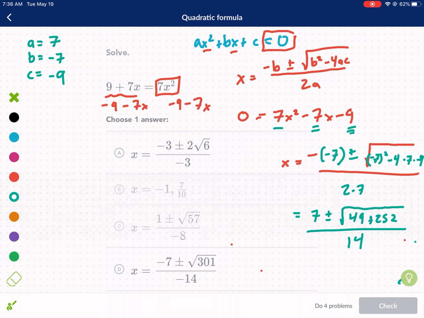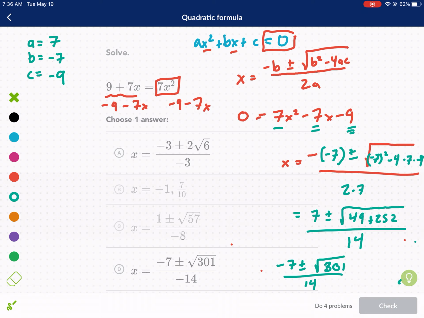So I'm going to add 252 plus 49. I get 301. Negative 7 plus or minus 301 all over 14. Oh, forgot the square root.